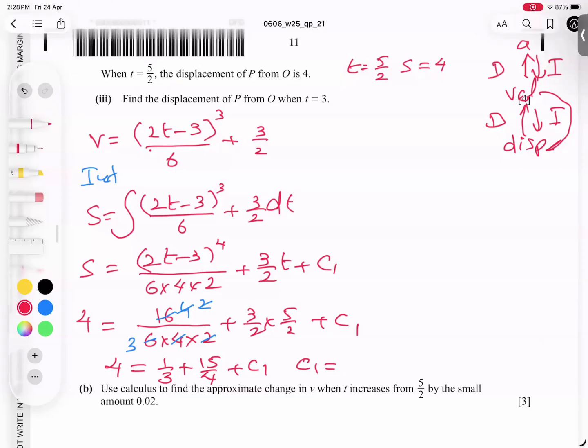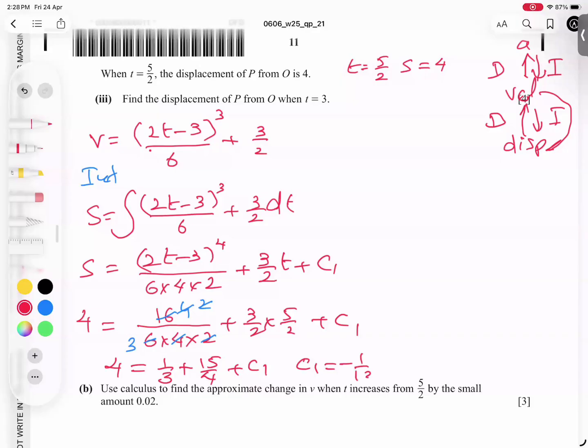Hold on, let me check it. Yeah, it's 1 by 12. So it's coming out negative 1 by 12. Let me check once again. Yes, 6 2s are 12, 4 12s are 48. This is correct. So the C1 value becomes negative 1 over 12.